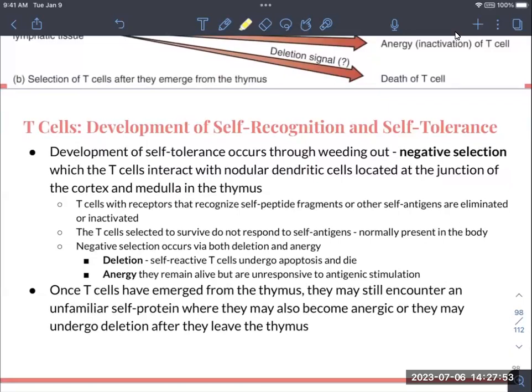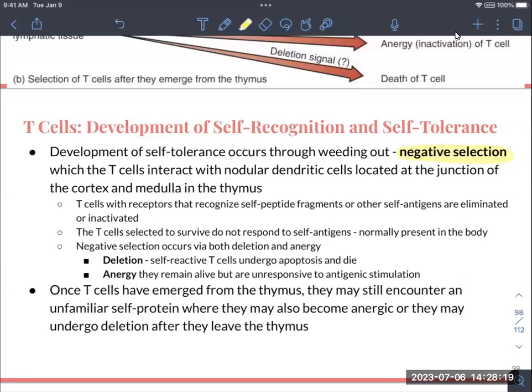This self-tolerance occurs through weeding out, or that negative selection. So T cells are going to interact with nodular dendritic cells. And these T cells with receptors that recognize these self-peptide fragments of other self-antigens are eliminated.